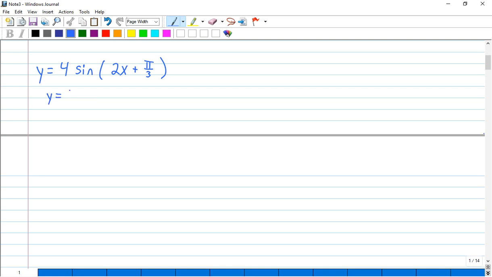So we rewrite the equation. That's 4 times the sine of 2 times what? X plus, now we have to say pi over 3 divided by 2. Remember, dividing by 2 and multiplying by 1/2 is the same thing. So that's going to be plus pi over 6.